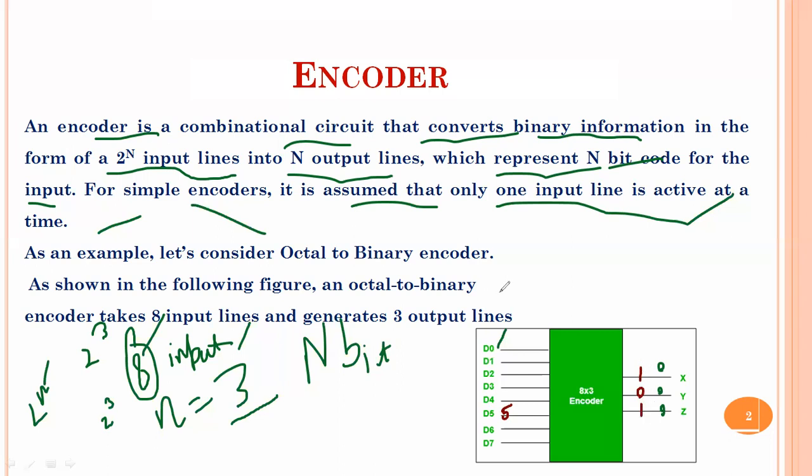So 4 and 1, 5. Similarly for 2, it will become 0, 1 and 0. So this is the octal to binary encoder. We take 8 input lines and give the result in binary form on 3 output lines. Clear?